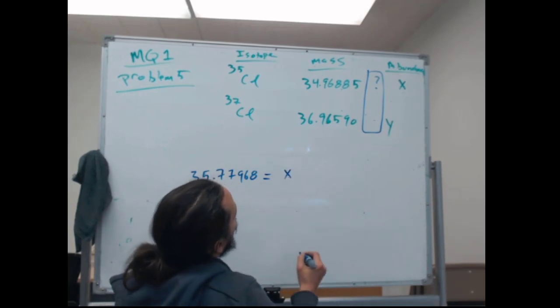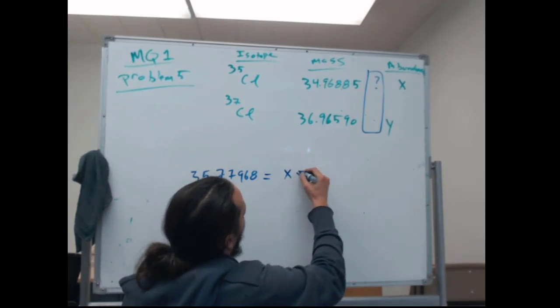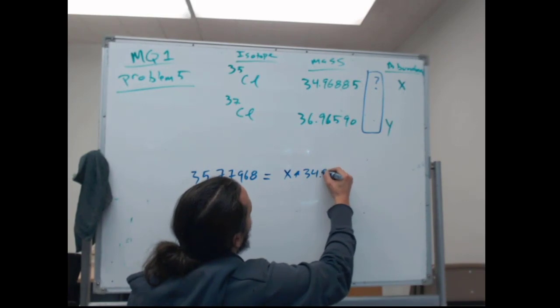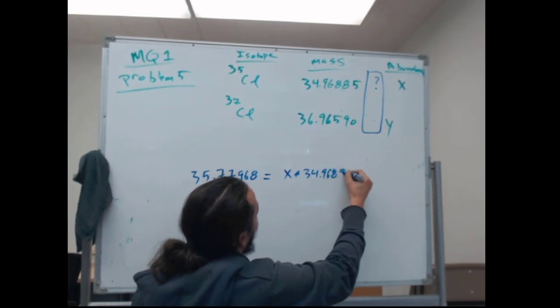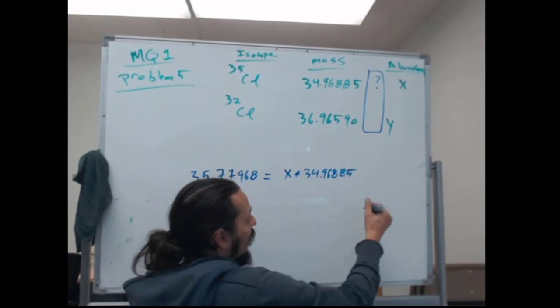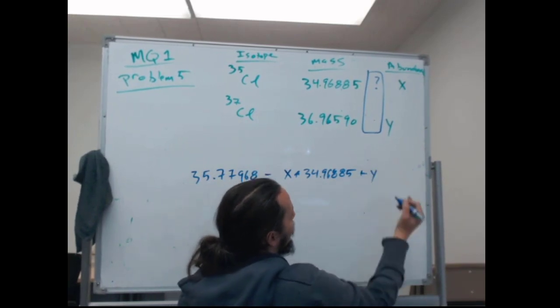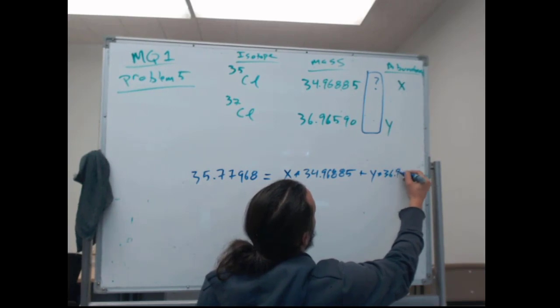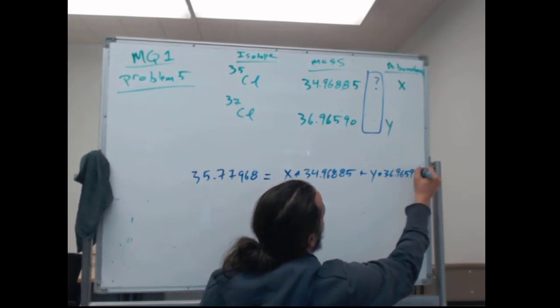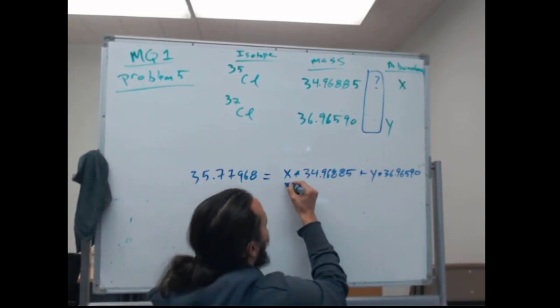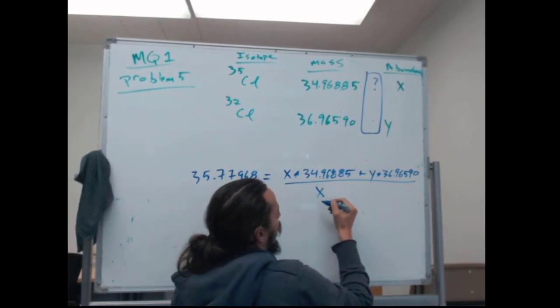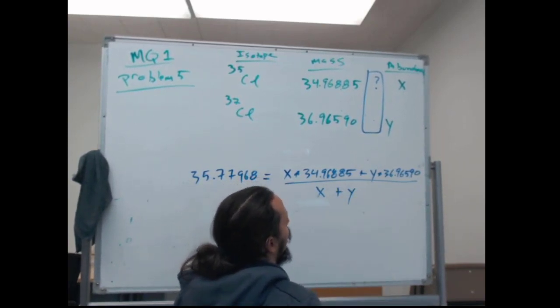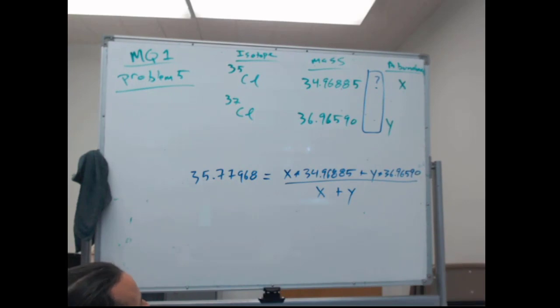And that's going to be equal to the abundance of the first isotope times its mass, plus the abundance of the second isotope times its mass. If this was a perfect 50-50 mixture, we would get something that's perfectly in between. And then we're going to divide by the total abundance of compounds X plus Y.